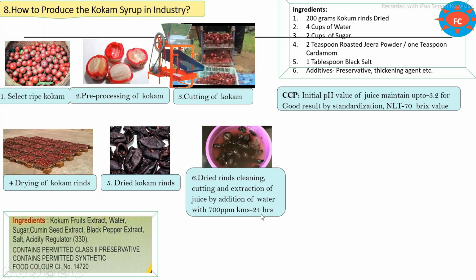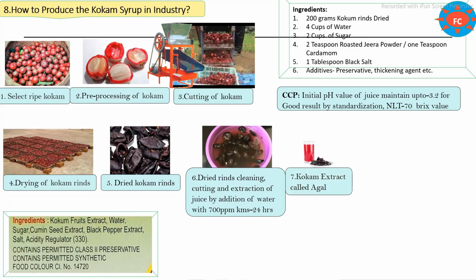Different methods of extraction are available. This is the simple way: soak the cocoa rinds in water for at least 24 hours. We can also discuss different methods of the extraction process in the next video.